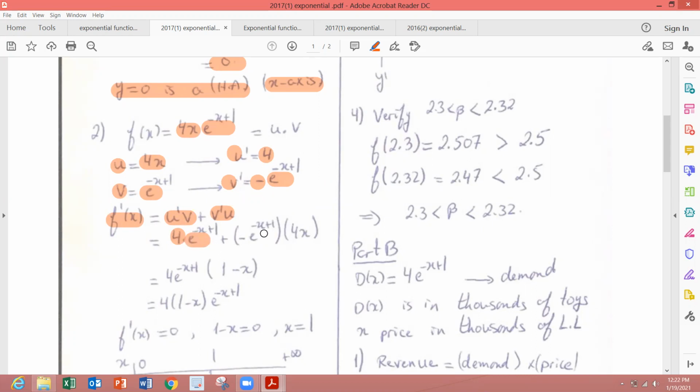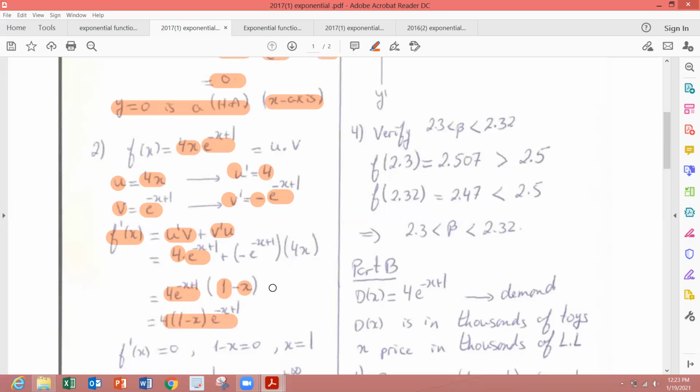We can take 4 common and e to the power minus x plus 1 common. Here remains 1, I put 1. Minus, here remains x. So we get 4 into 1 minus x times e to the power minus x plus 1.